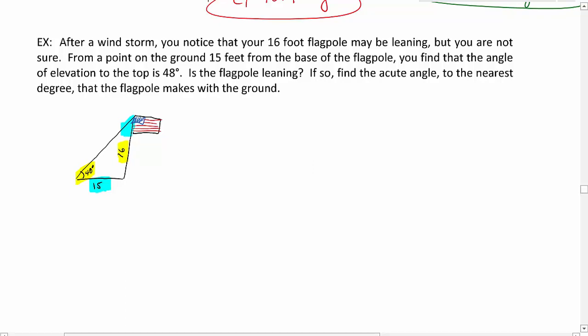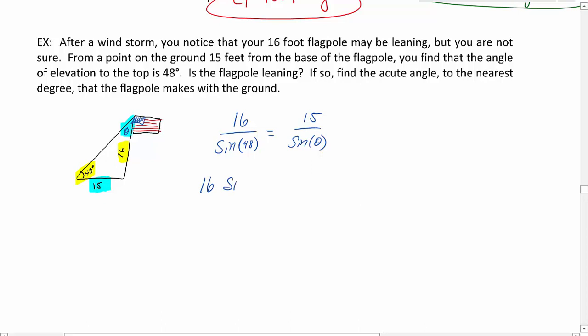All right, let's set up our law of sines. We'll call this angle theta up here. 16 over sine of 48 is equal to 15 over sine of theta.